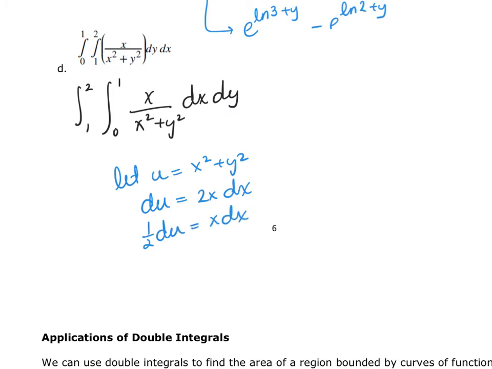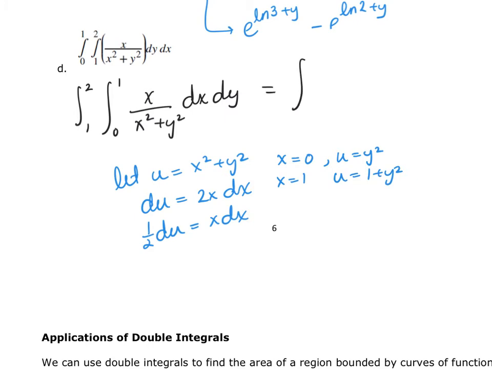Now I am going to go ahead and change my limits here. If x is equal to 0, u is equal to y squared. If x is equal to 1, u is going to equal 1 plus y squared.